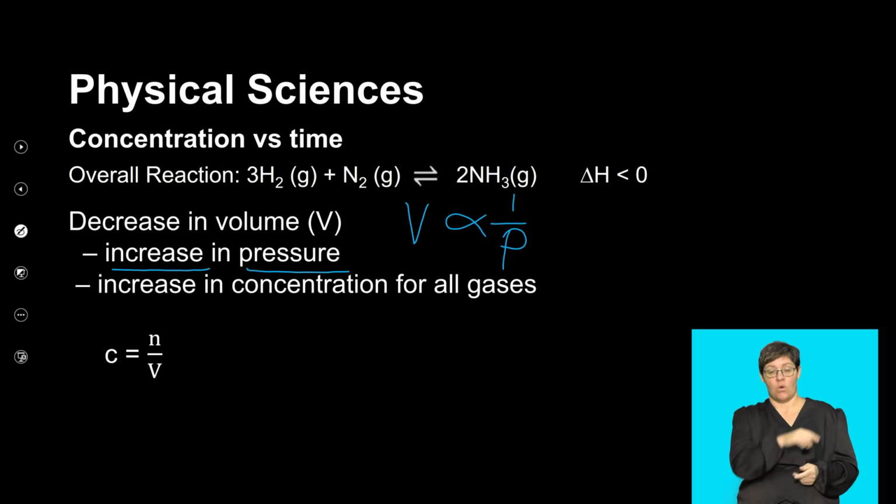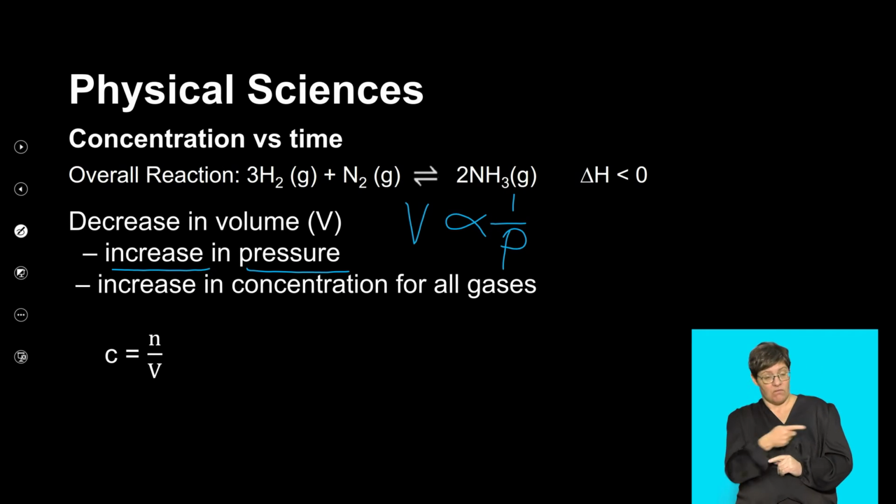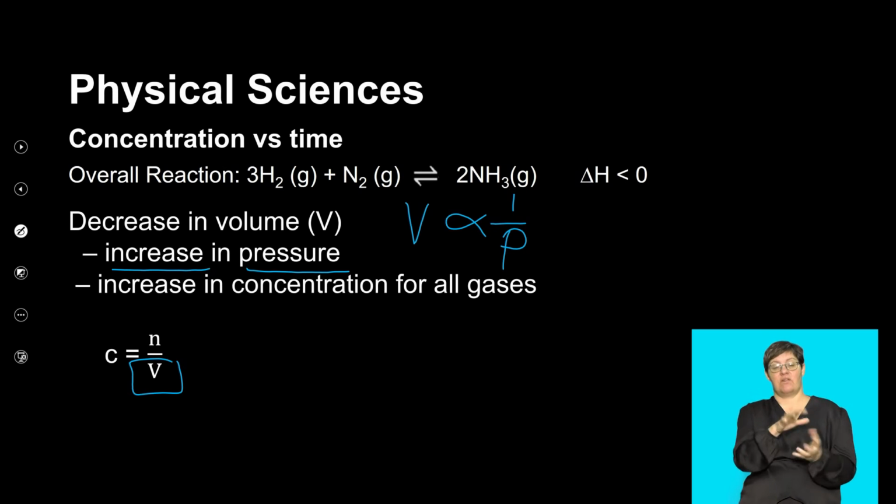So the decrease in volume leads to an increase in pressure and the increase in concentration for all the gases. So whilst the volume was decreased, the pressure was increased and the concentration of all the gases was increased for that specific volume.